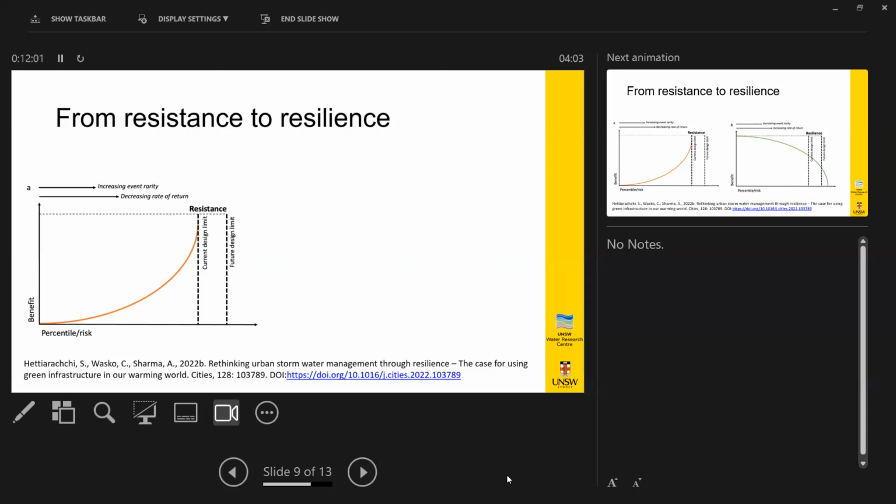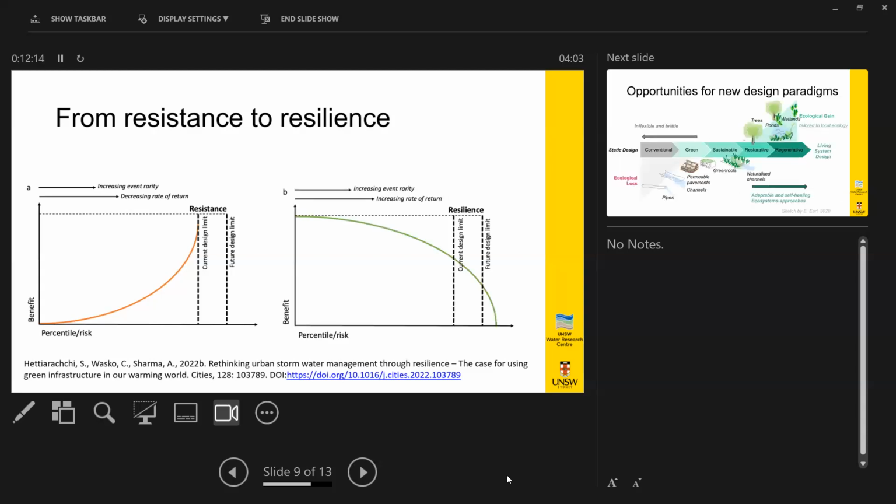His argument is really that we should move away from this idea that we're going to resist a flood, and then if we get something larger, particularly in the future with climate change, all bets are off, to something that is more resilient, where we have a decreasing level of performance, but we don't have this drop off of failure. So how do we design levees or floodplain management that can really think about this across a range of events rather than this one design standard?